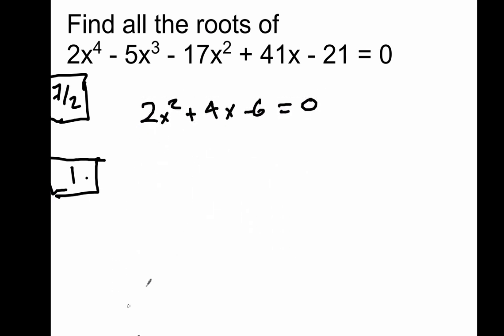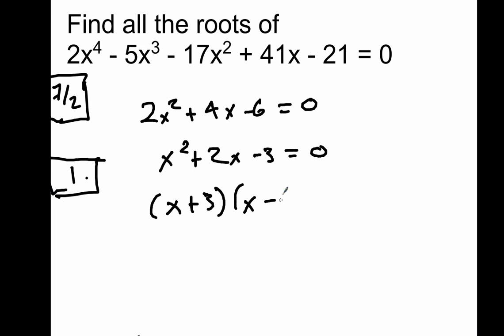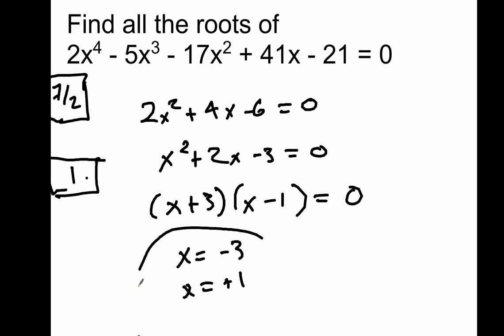We're going to see if there's an easy way first. Divide everything by 2, and you get x squared plus 2x minus 3 equals 0. Is this factorable? I believe it is. You get x plus 3 times x minus 1, and that works. For factoring, which means x equals -3 and x equals +1 are also solutions.